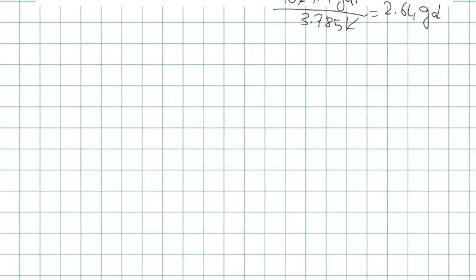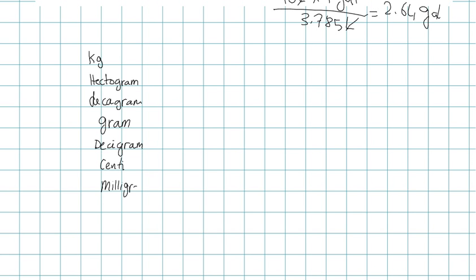Let's say you have kilograms, and after kilograms is hectograms, then decagram, gram, decigram, centigram, and milligram. I'm going to use grams as the example, but it could be meters as well.